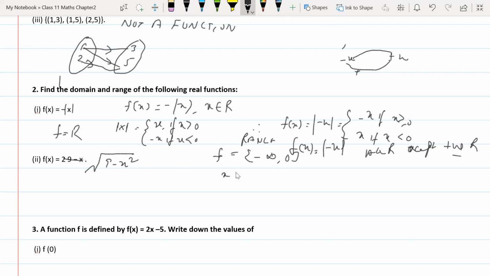It means if x is minus 3, then it is 9 minus 9, and it will be 0. So x is greater than or equal to minus 3 and less than or equal to 3.